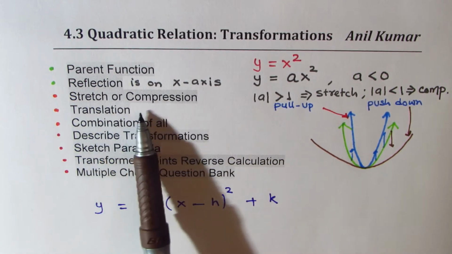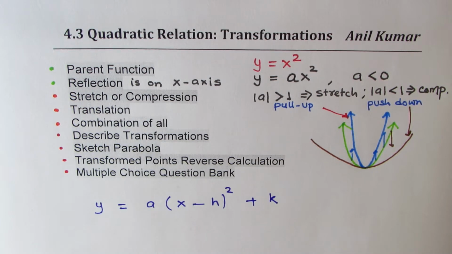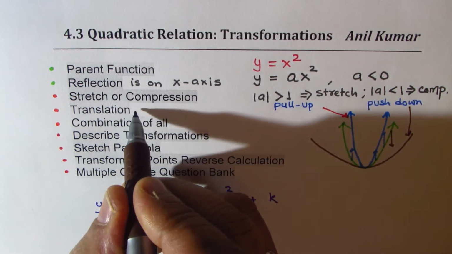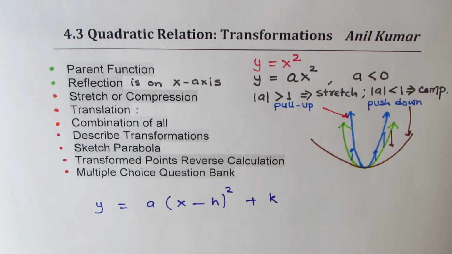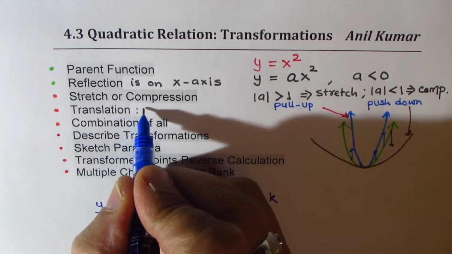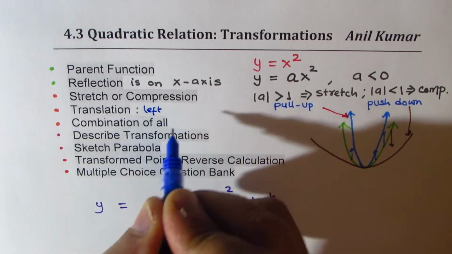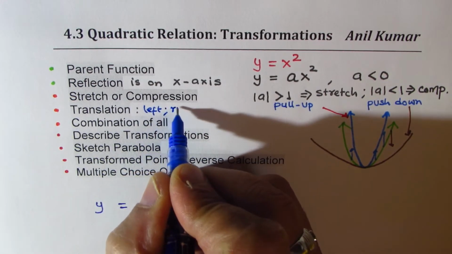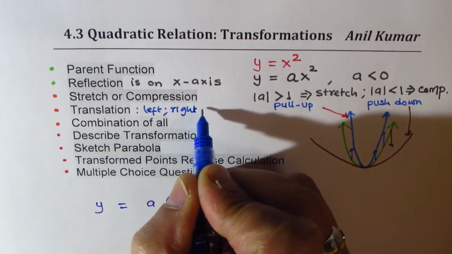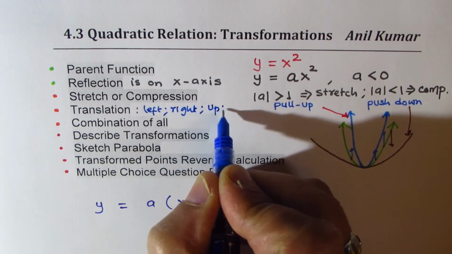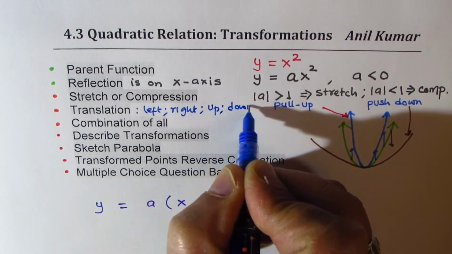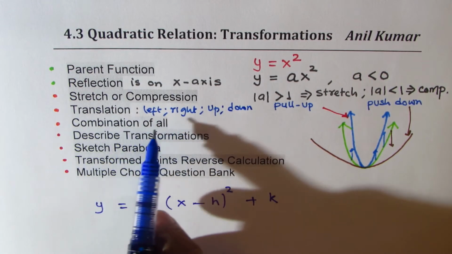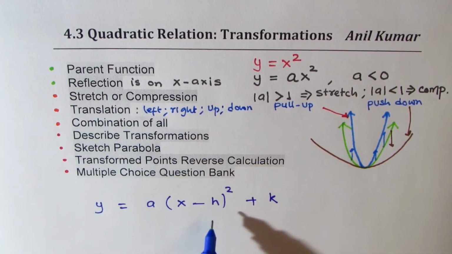Now, translations mean left, right, up or down. When we talk about translations, we could have combinations of moving left or right, or we could do up and down. The factors which affect translations are just shown here.